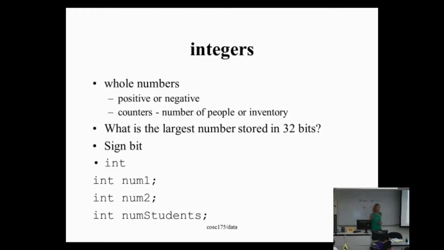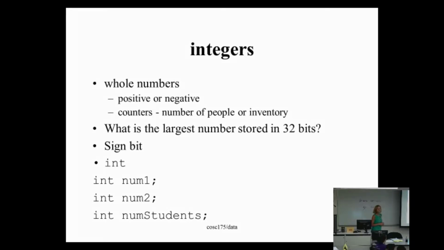An integer number is a whole number. And it can also be what? Positive or negative. You may not have used the term integer, but everybody understands the concept of a whole number. So in computer science, we refer to this concept as an integer number, as the integer data type.